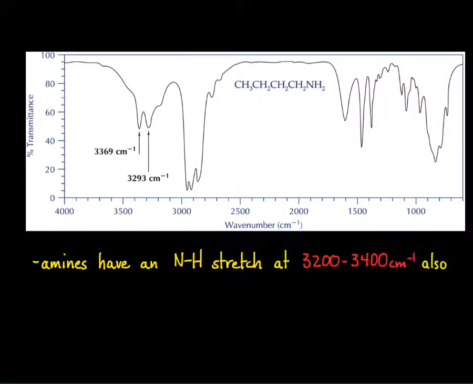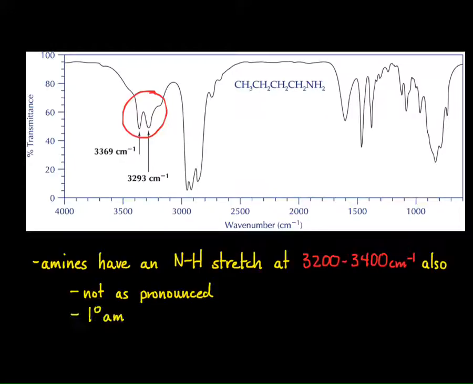So instead of an OH, we have an NH stretch, 3200 to 3400 also. So same region. However, notice the difference in the shape. Alcohols are broad, and amines are not quite as pronounced. First of all, they're not quite as pronounced. Second of all, their shapes are a little bit different.